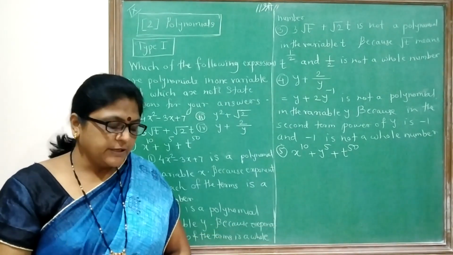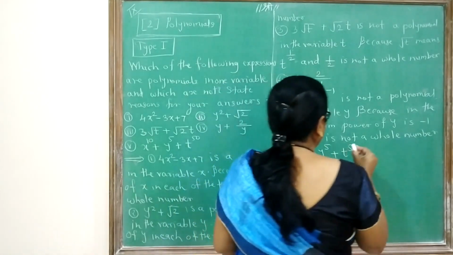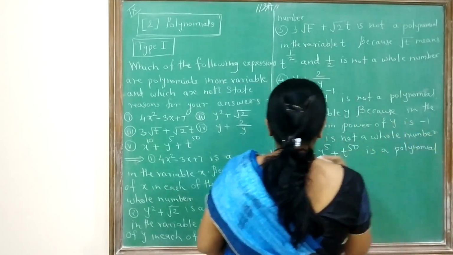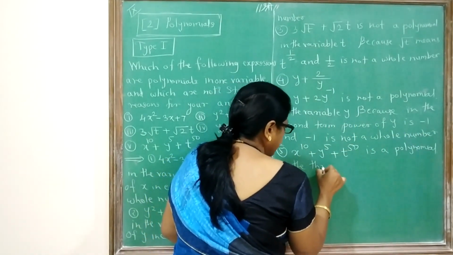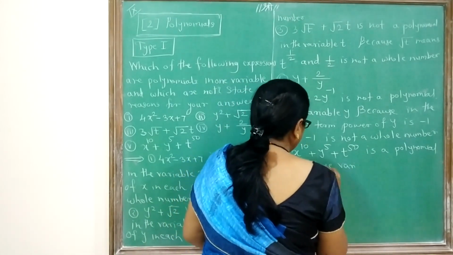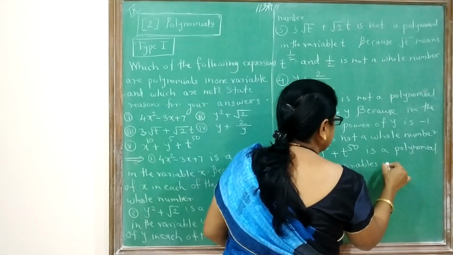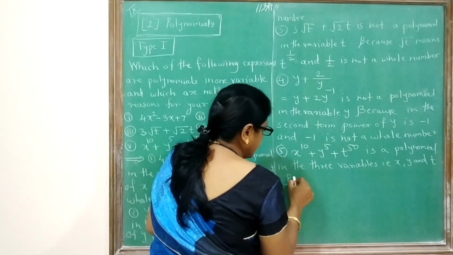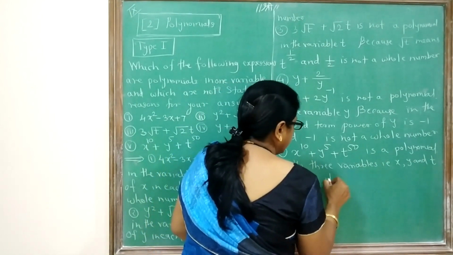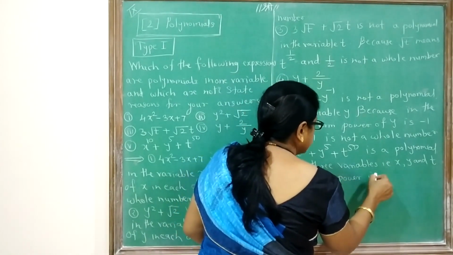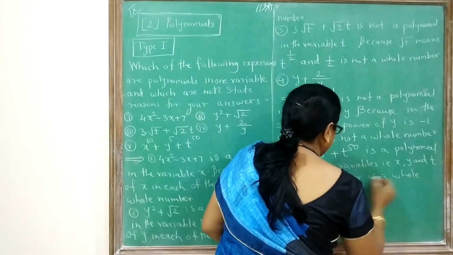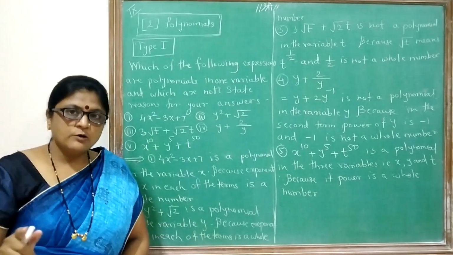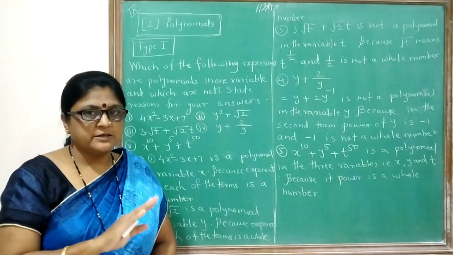But here 3 variables are present, so you will write: it is a polynomial in the 3 variables x, y and t, because its powers are whole numbers. If the power is a whole number, you write it is a polynomial, otherwise not.